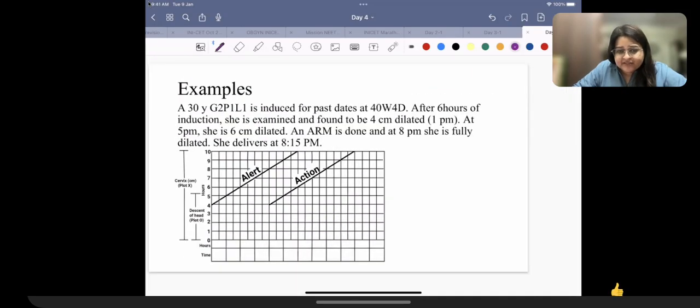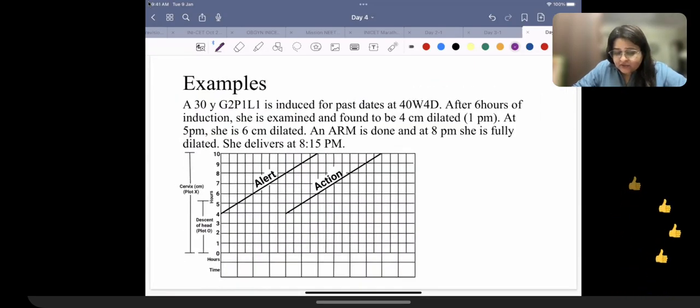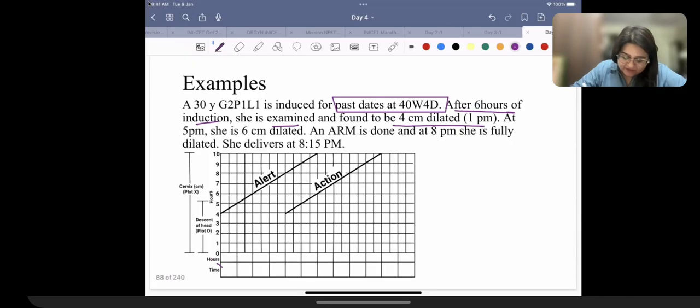Now let's go to a different scenario. A 30-year-old is induced for past dates at 40 weeks, 4 days. Okay. After 6 hours of induction, she is examined and found to be 4 centimeters. So at 1 p.m., this is 1 p.m., she is found to be 4 centimeters dilated. At 5 p.m., she is 6 centimeters. So 1, 2, 3, 4, 5. After 4 hours, she is found to be 6 centimeters.